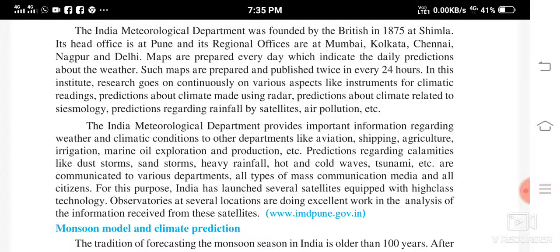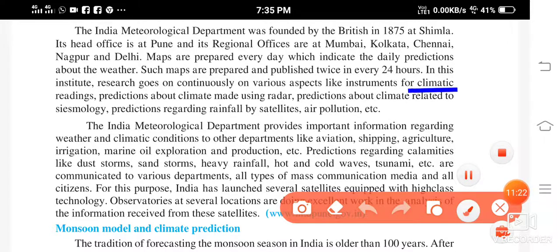Now see, in this institute, the India Meteorological Department, research is going on continuously. On what aspects are they doing research? They are doing research on instruments, that is, what type of instruments can be prepared for climatic readings.